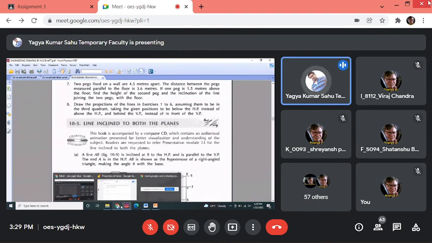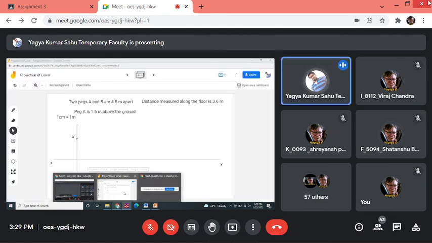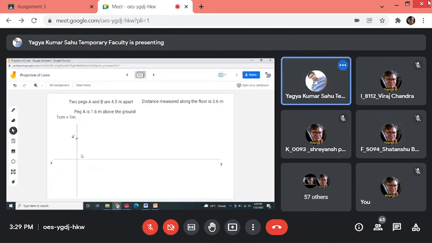So the question has to be read very carefully. Read the question very carefully. You will get all the details in the question. What is written? Two pegs fixed on a wall. What is the meaning of this? Fixed on a wall. That means both are lying on the vertical plane. So what about small a? On the XY line. Is it?